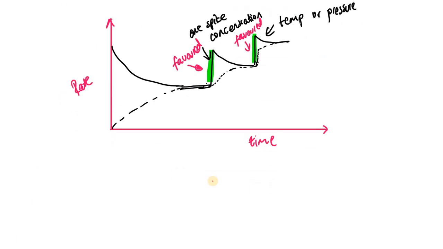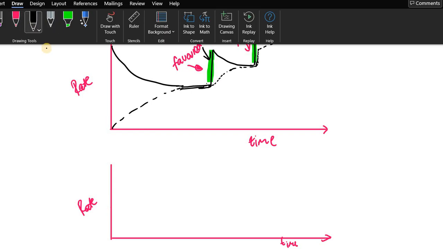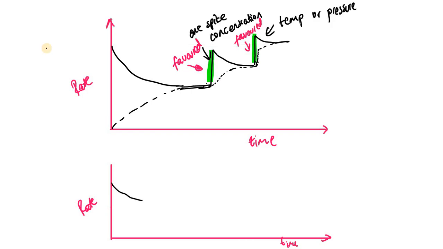Now, if we turn the tables around, I'm still gonna have similar graphs. I'm still gonna talk about a rate graph versus time. So this is gonna still be a rate. However, now I want to show you this. Let's say we have reached our first equilibrium here, and then I want to do this.